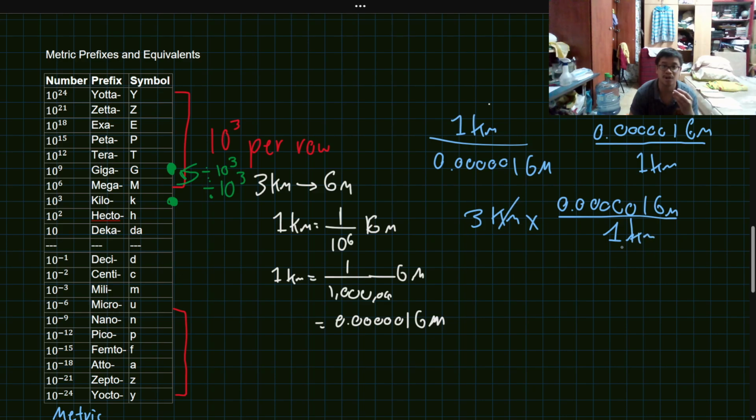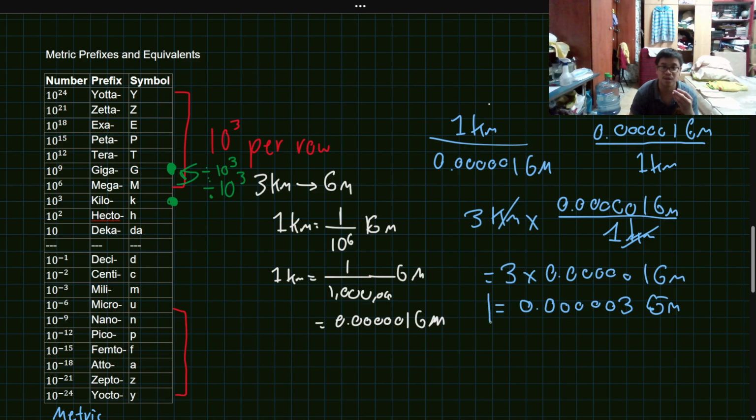So kilometers are now cancelled. What's left is 3 times 0.0000001 gigameter. So I think the answer would be 0.0000003 gigameter.